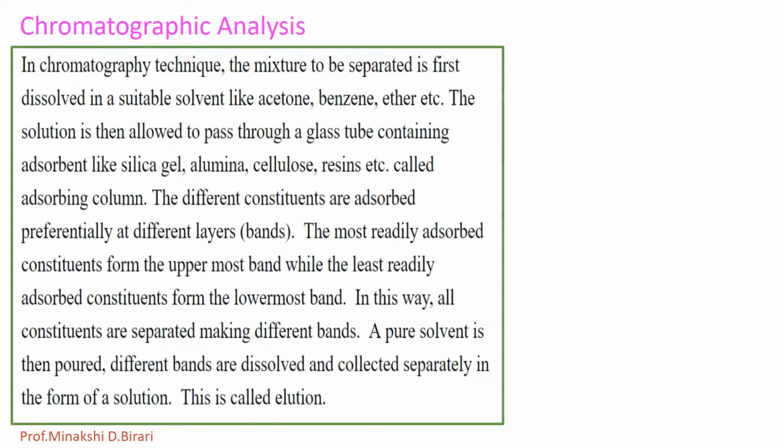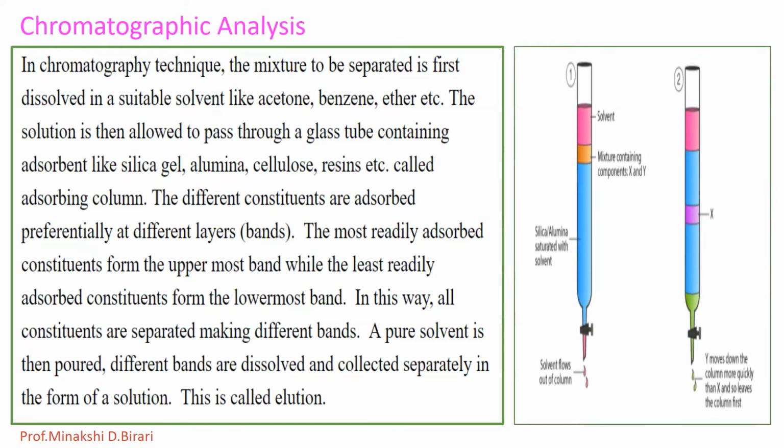In chromatography techniques, the mixture to be separated is first dissolved in a suitable solvent like acetone, benzene, or ether. The solution is then allowed to pass through a glass tube containing adsorbent, like silica gel, alumina, cellulose, resins, etc. That is also called an adsorbing column.